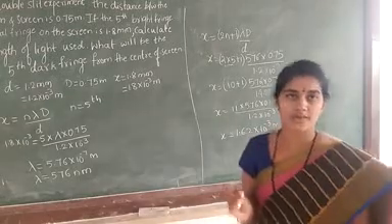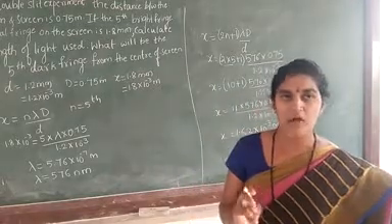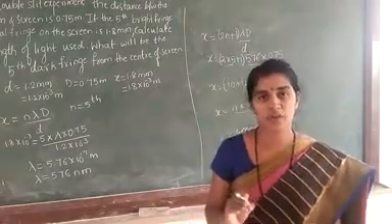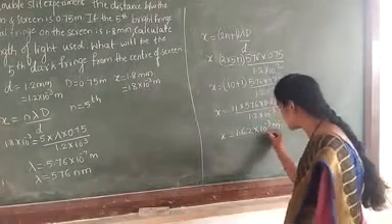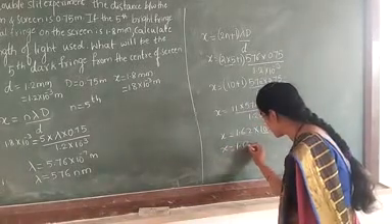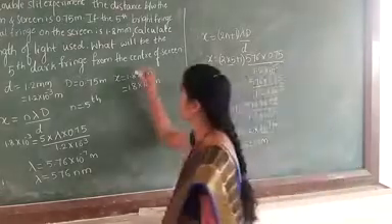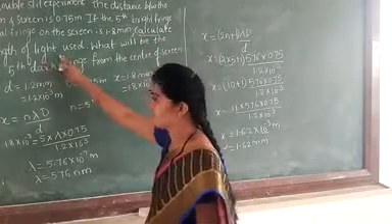x is equal to 1.62 into 10 raised to minus 3 meter, or this can also be converted into millimeter: x is equal to 1.62 millimeter. Therefore, in the question, first we had to calculate the wavelength of the light used.